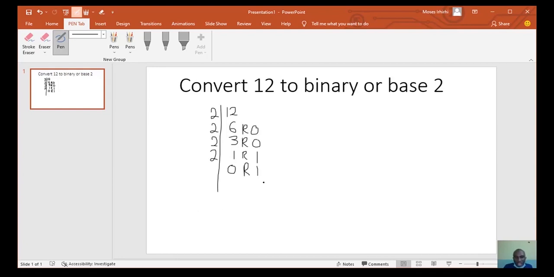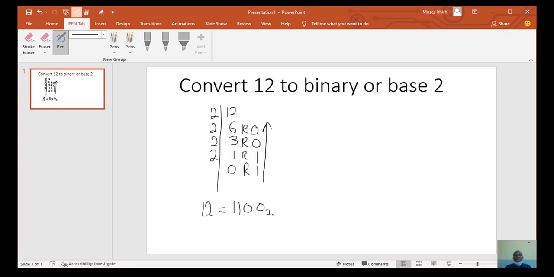Then we take the numbers from bottom upwards. Can you see that? We take it from bottom upwards. Therefore, 12 is equal to 1, 1, 0, 0, and we put a subscript 2 to show that it is actually base 2.